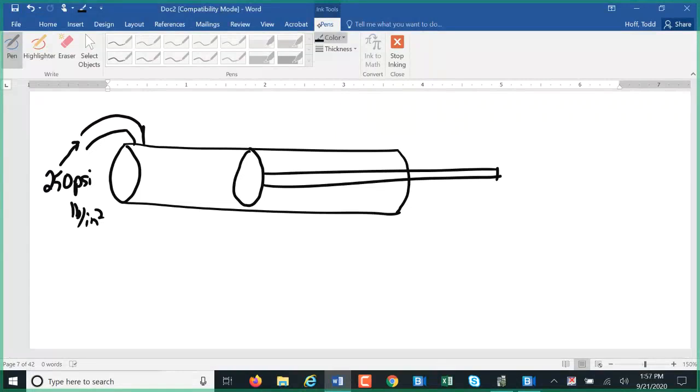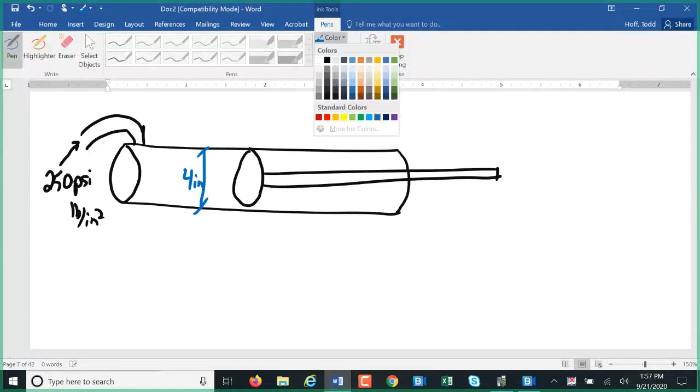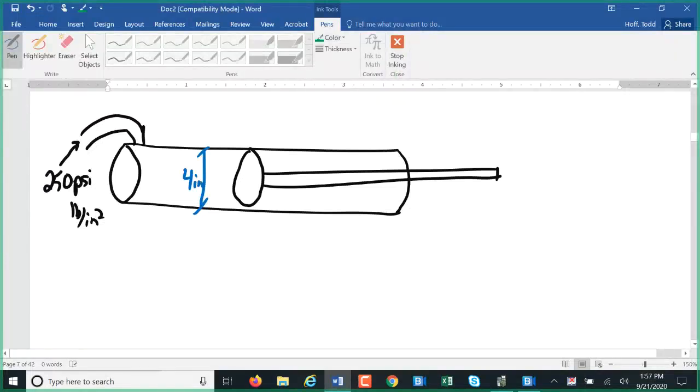And this is a 4-inch ram. The area is pi times 2 squared. Where did the 2 come from? Well, again, 4 inches diameter, 2 inch is the radius. That ends up being 12.56 square inches of area.